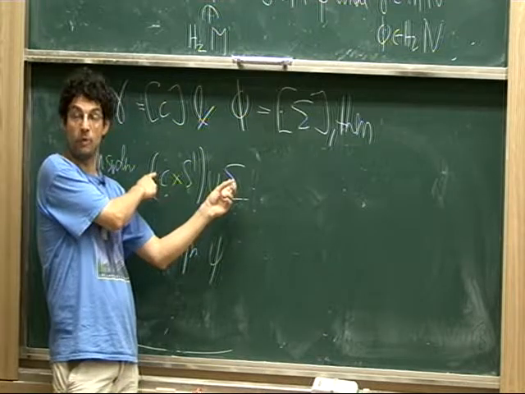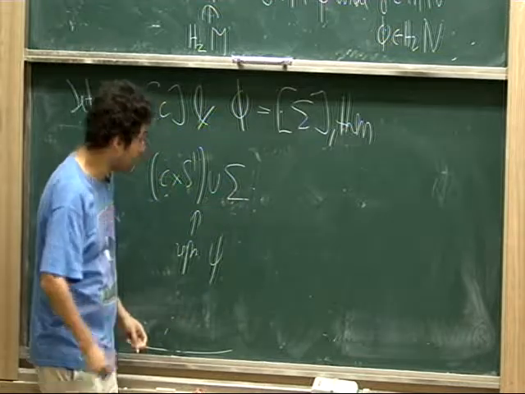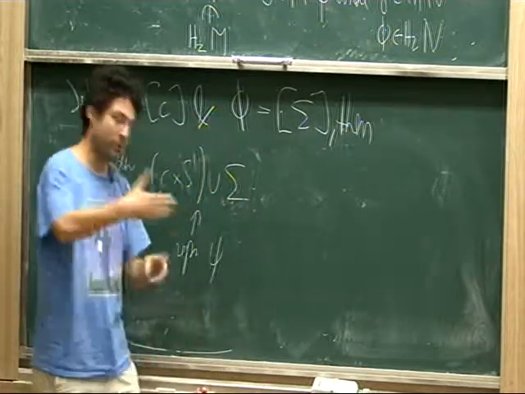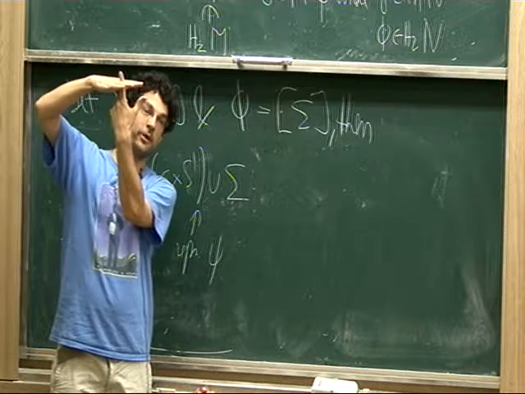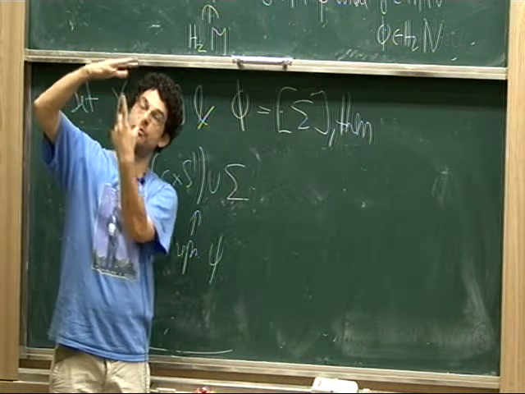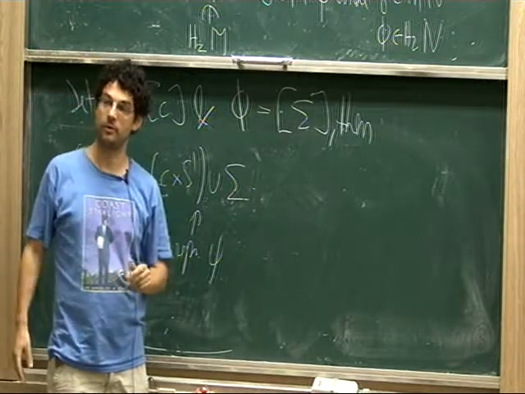And what you want to do is remove these intersection points. Each intersection point is a two-disk intersecting a two-disk. What you can do is remove the two disks and glue in an annulus.